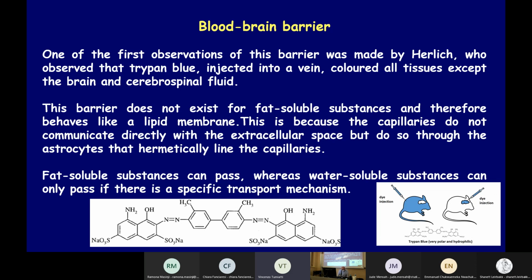This means that there is a special barrier able to defend the brain from exogenous compounds. This is the molecular formula of the colorant used at that time. And we understand that charged compounds are not able to cross the blood-brain barrier. Only the uncharged compounds are able to cross it.